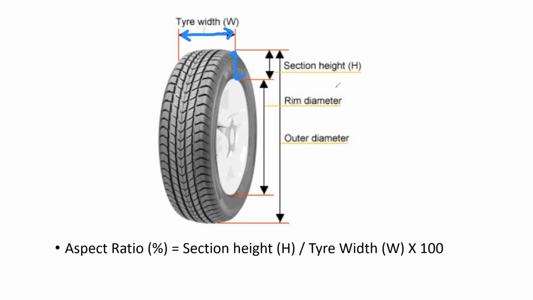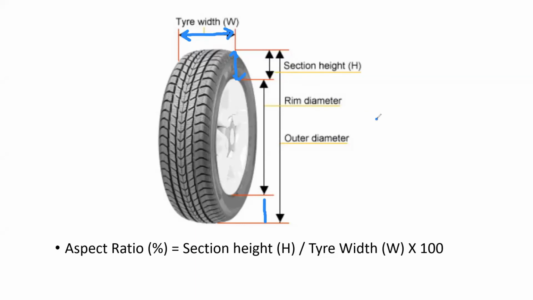So bring them up to a single unit and add them. But when you are adding, you have to add twice the section height, because you only get one section height and one rim diameter. So there's another section height here, right? By doing so, you can actually find out what's the tire size.